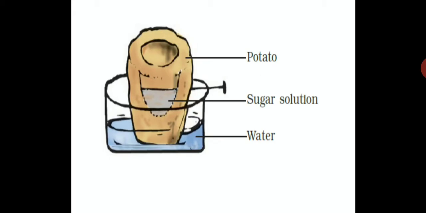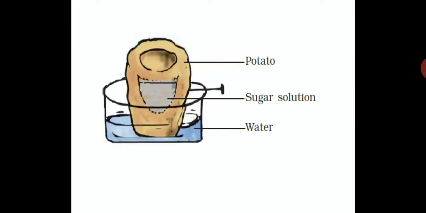You make a cavity in the potato and you put sugar solution there, and then you put water in the beaker. This is the experimental setup, and you put a pin over there. So what will happen? There will be a movement of water from the beaker into the sugar solution in the potato.